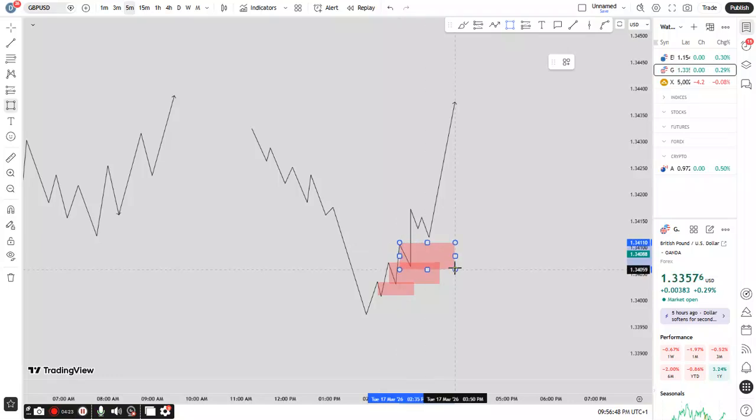So instead of me waiting for a mitigation of this demand level, all I have to do is what? Okay, look for this potential sweep of this guy. Once I have the sweep, I'm ready to go higher. Now, I'm not just ready to go higher because I have the sweep. I'm ready to go higher because why?